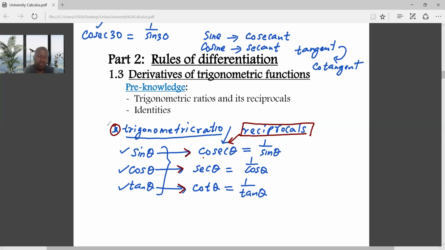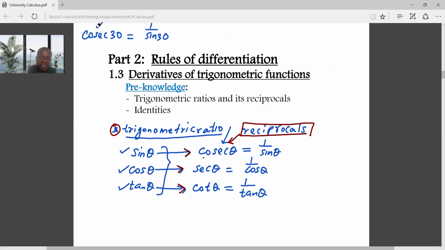So from now, sine has its reciprocal, which is called cosec, cos has its reciprocal, which is called sec, and tan has its reciprocal, which is called cot. It's very important for you to know this. In some instances, they want you to calculate values using these reciprocals, and most scientific calculators do not show them.